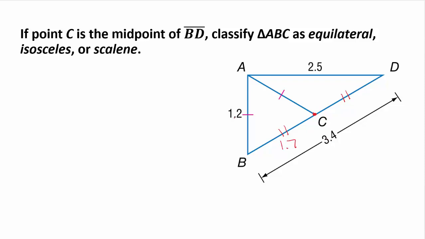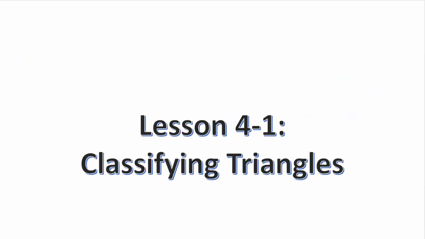Now, since this is 1.2, that means this one will also be 1.2. The line segment AC is 1.2. And if we look closely at triangle ABC, since two of these lengths are congruent to each other, it will be, I'm just going to highlight it, an isosceles triangle.